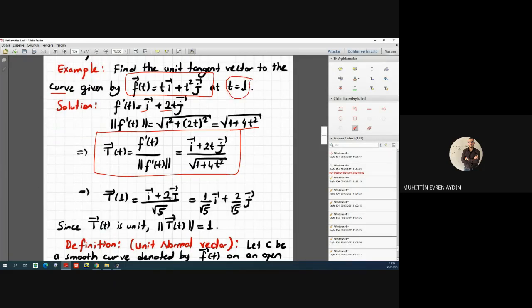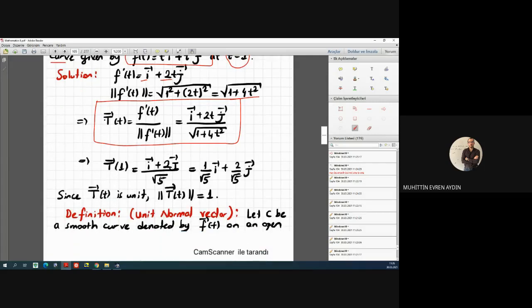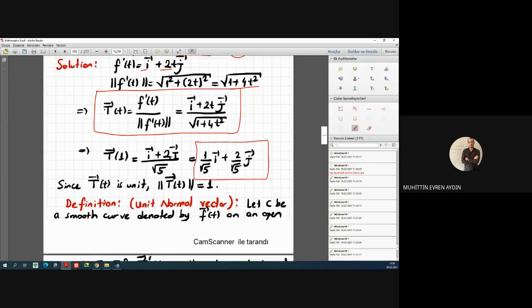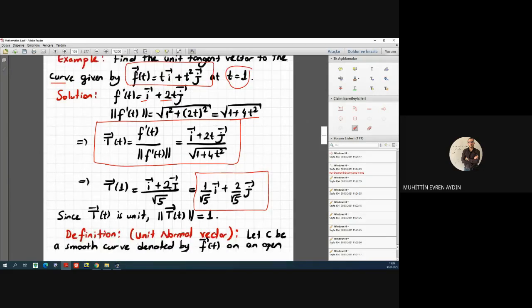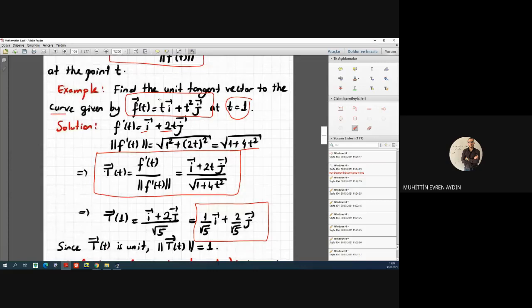And at the point t equals 1, we have this unit vector. By the way, this is a parametric equation of a parabola.